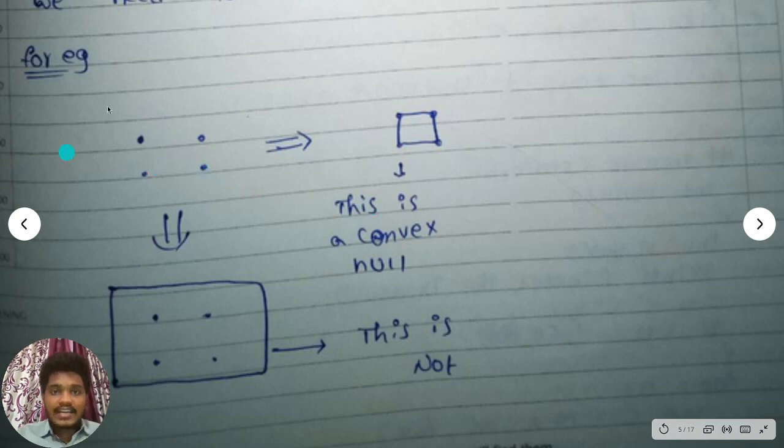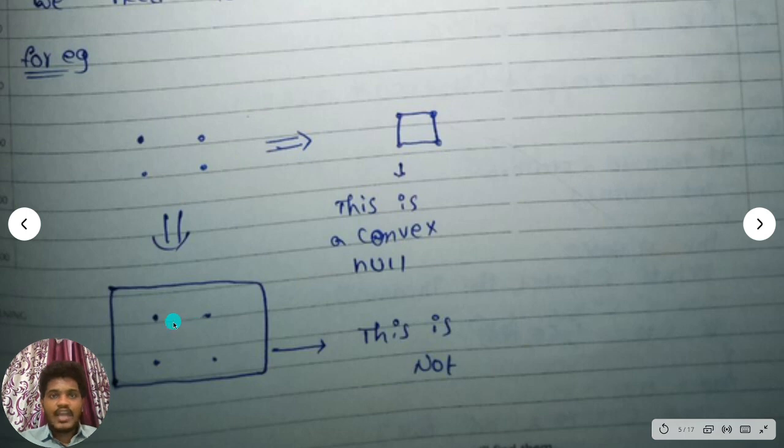So let us take another example and understand how it actually works. If these 4 points are considered as P, the set of points, then this is a convex hull for these 4 points. Whereas this is not a convex hull because you're not minimizing the area. You're maximizing the circumference, but minimization of area should also be considered.